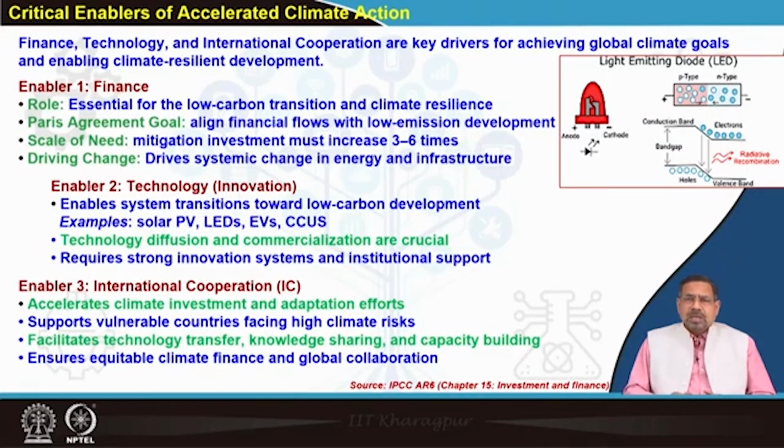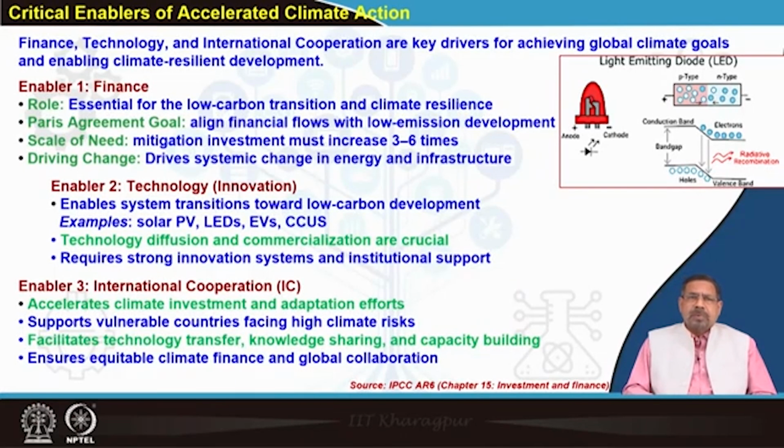Coming to the international cooperation. So first is finance, second is the technology. Whatever technology has been developed, now we need international cooperation. International cooperation accelerates climate investment and adaptation efforts. It supports the vulnerable countries facing high climate risks.